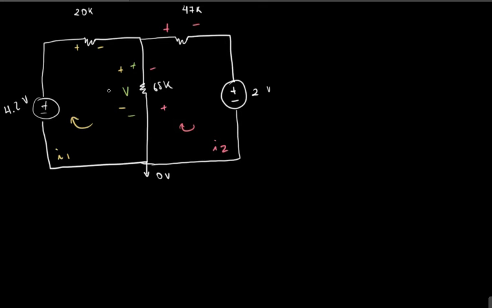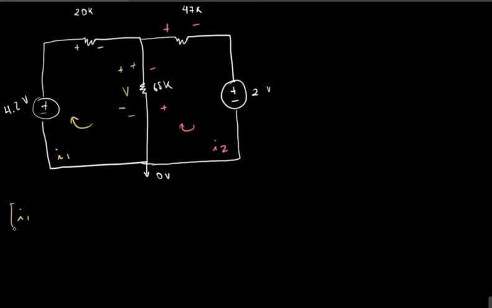So for the first mesh, it doesn't matter where you started. I'm going to pick the first mesh and I'm going to start from here. As this current passes through here, the current is going to be going around in this orientation. So the first element is going to be that voltage source.